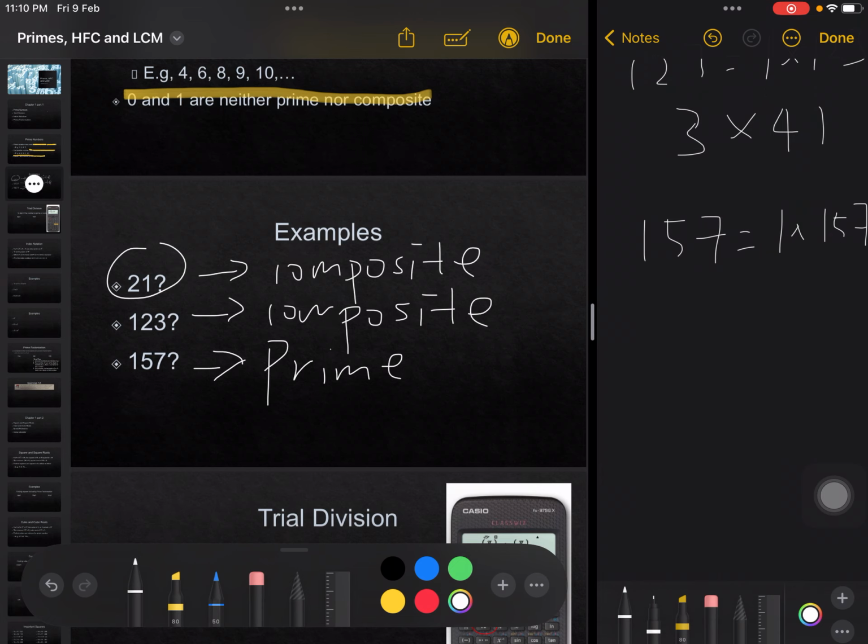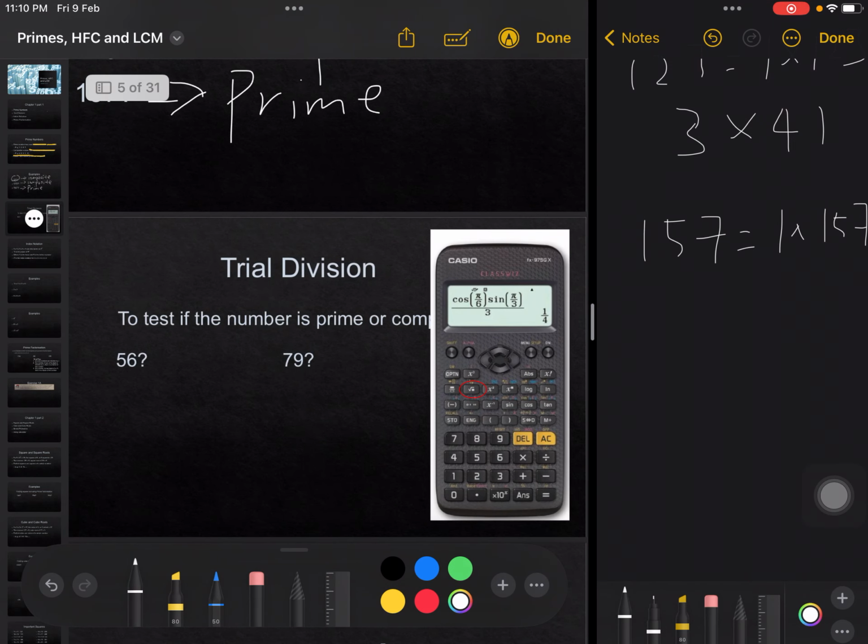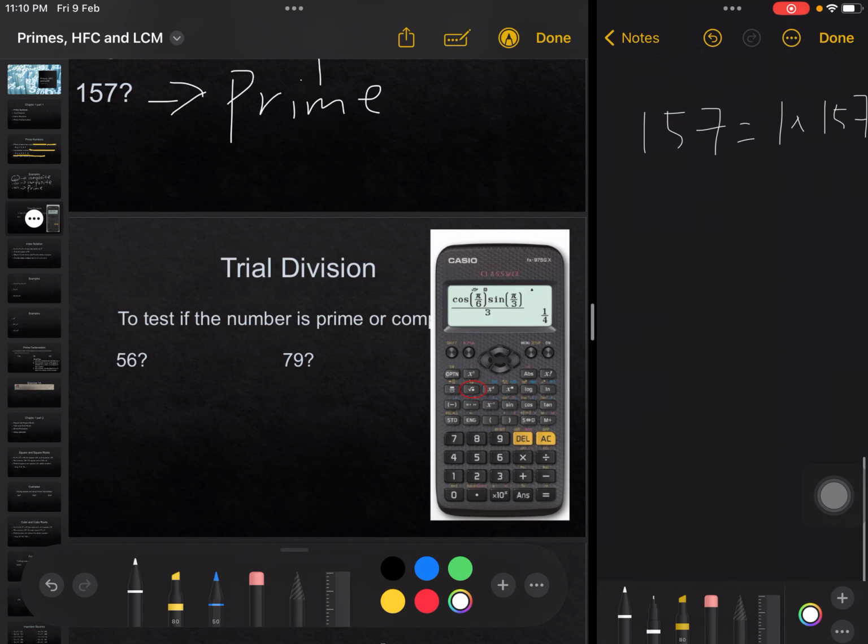Okay, so let's move on. Trial division. How do we use trial division to test whether a number is a prime or a composite number? Let's look at the number 56. Let's key in the square root of 56 into our calculator.